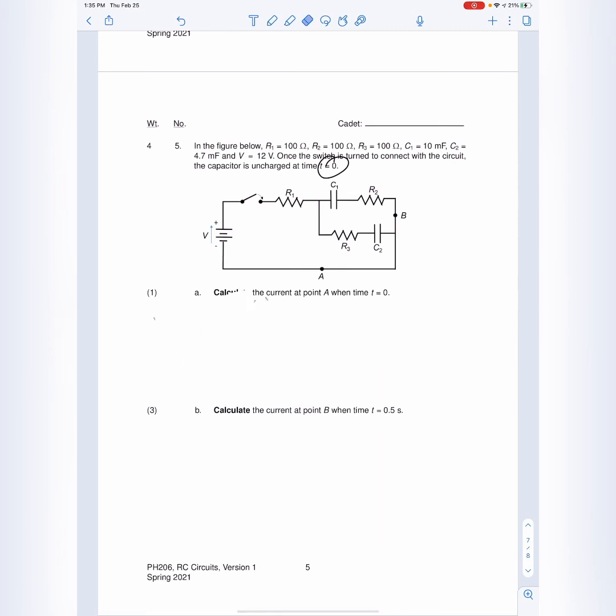Therefore, capacitor 1 and capacitor 2 are not actually required. Instead, what we need is to solve for just the resistors.